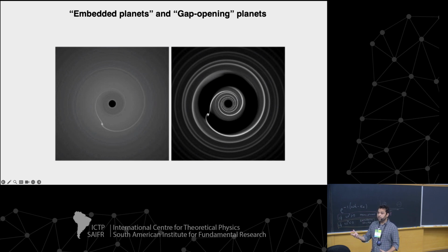But another place where you see binaries is in the Kuiper belt. The Kuiper belt is full of equal mass binaries. And these are actually more akin to the mass ratio that you have between supermassive black holes and stellar mass black holes in AGN. So they're wrong.